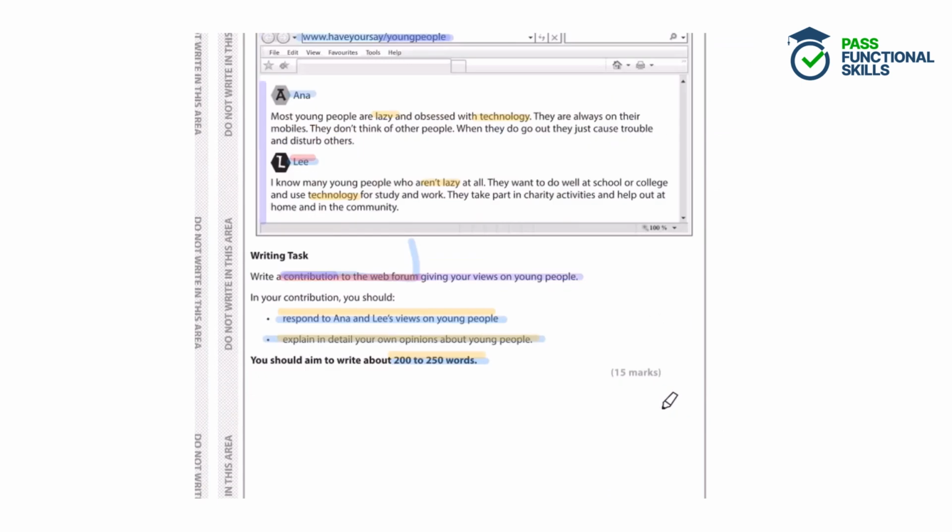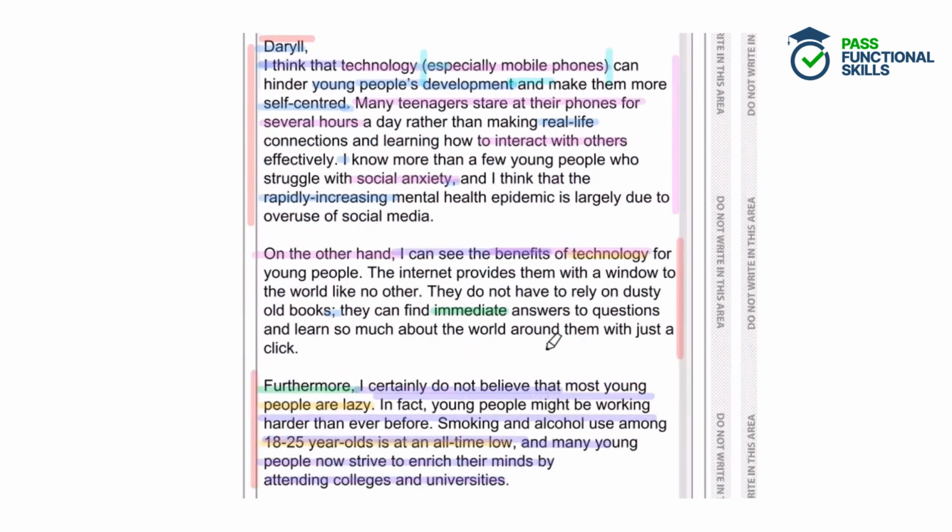We've addressed every single point of the question, responded to views on young people and explained opinions. So this answer overall would achieve very high marks, and it's a good idea to try and replicate the kinds of things that we've seen in this answer in your own answers.